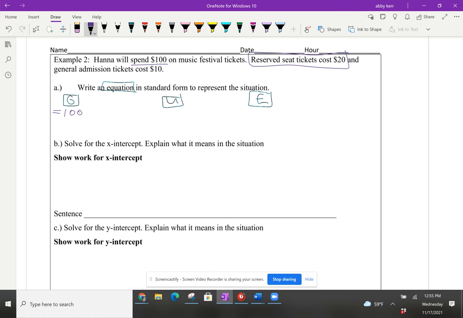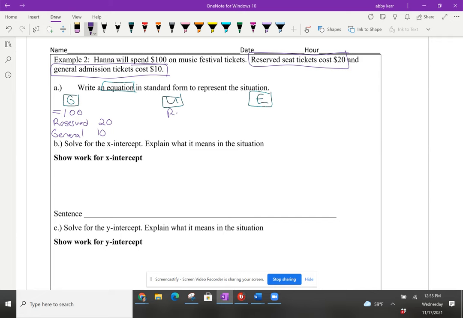Reserved tickets cost $20. General admission tickets cost $10. Now, this is a unique situation because we have two unknowns.